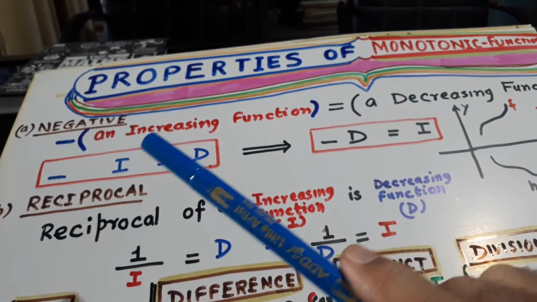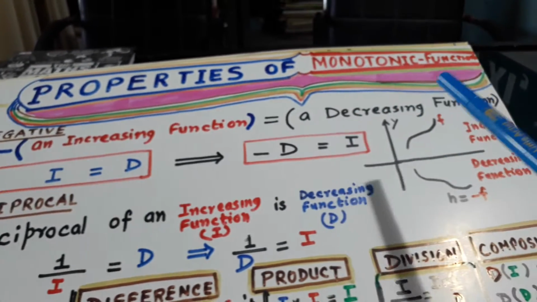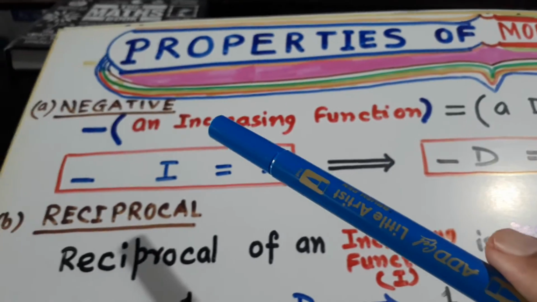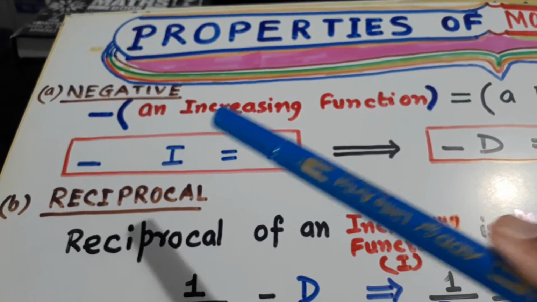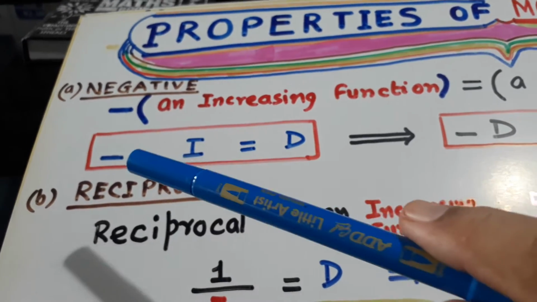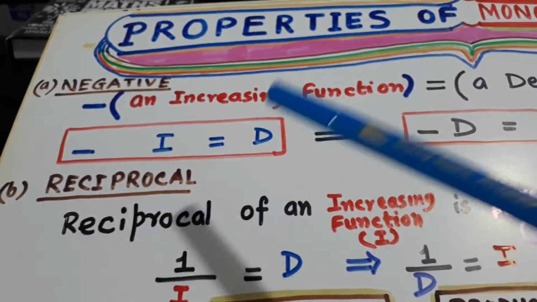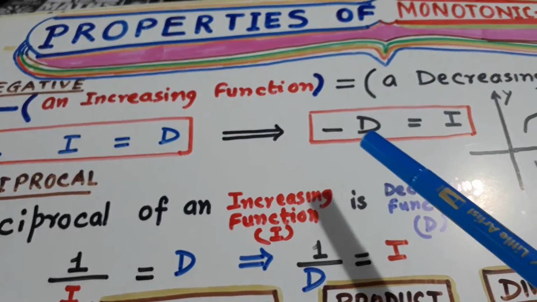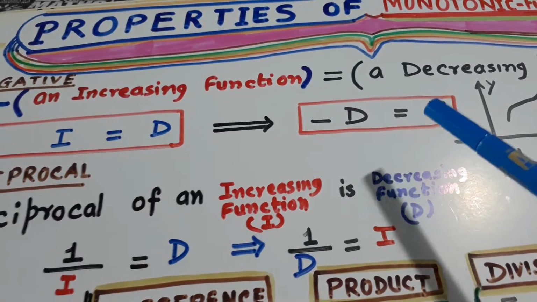Now, properties of monotonic functions. Negative of an increasing function: I stands for increasing, negative of increasing is decreasing. Vice versa, negative of decreasing is increasing.